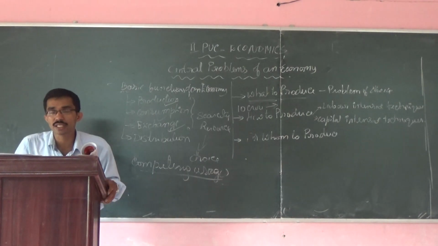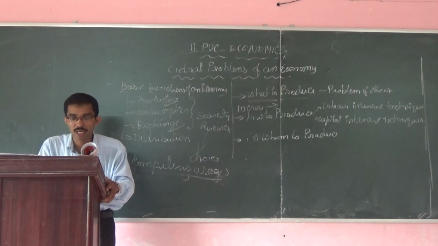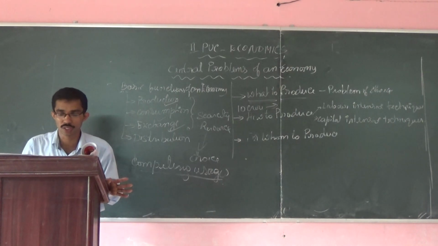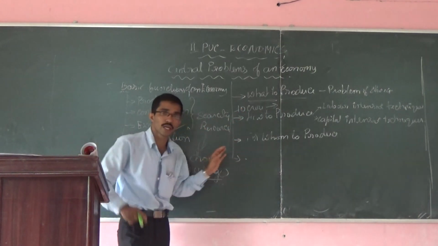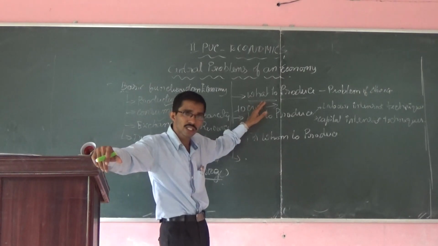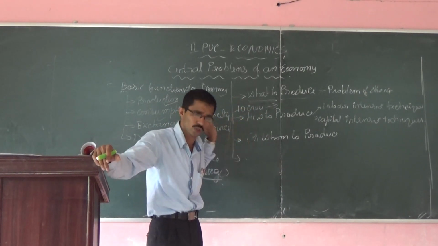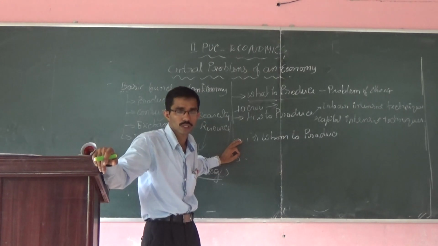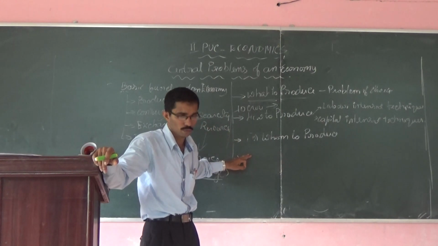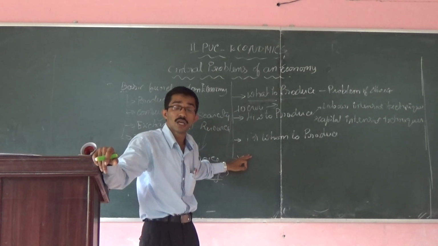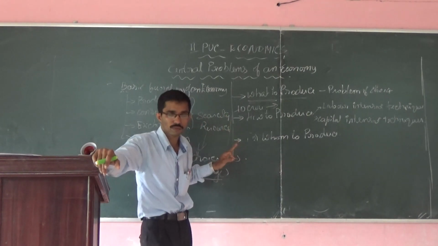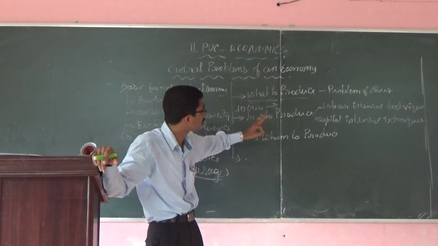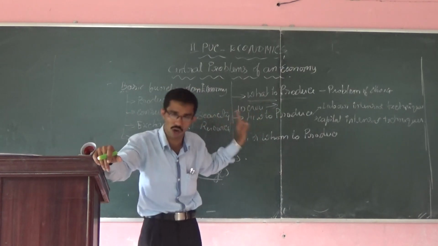We can utilize the entire resources for the production of guns. For example, resources worth 10 crores, ೧೦ ಕೋಟಿ. Assuming technology is constant, there will be no changes in that country's techniques or technology.